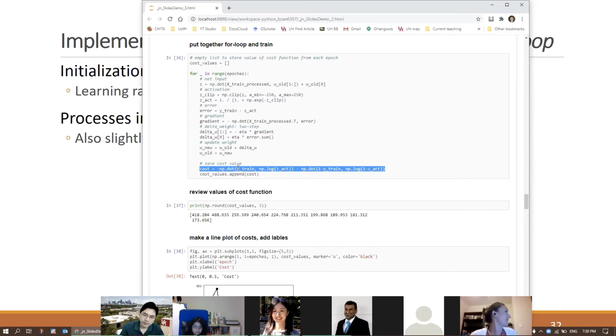So this cost formula incorporates what's called the cross entropy, binary cross entropy, to calculate how much distance there is between the log likelihood of the data set and the optimal model.